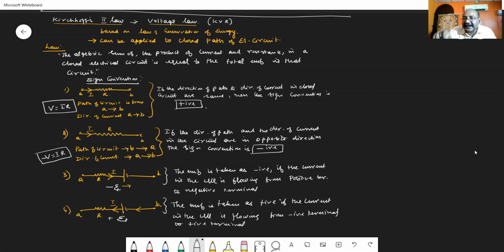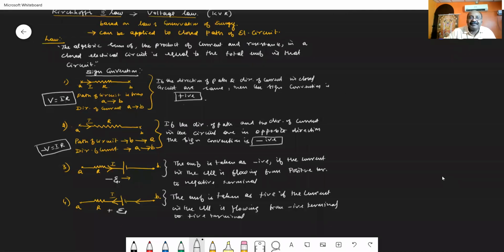If the current flows from positive terminal to negative terminal inside a cell, then the EMF is taken to be negative. All these 4 are considered to be the sign convention of the second law. Now let us go for an example where we can apply this second law. Take the example problem 2.21 in page number 106.